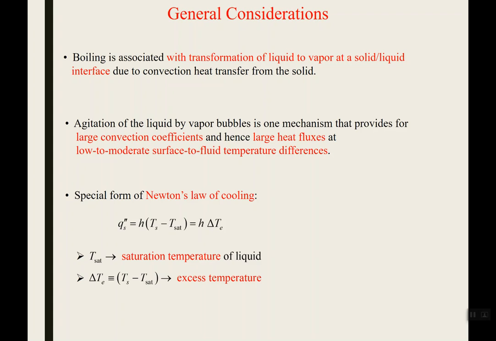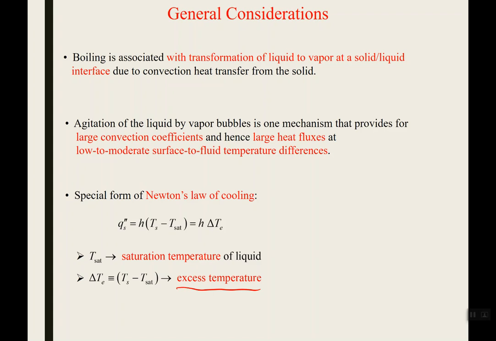Okay, so we're going to be dealing with a special form of Newton's law of cooling, which looks just like the Newton's law of cooling that you should be very, very used to now. However, our delta T is something termed the excess temperature, and that excess temperature specifically means the difference in temperature between our surface temperature and the saturation temperature of the liquid.